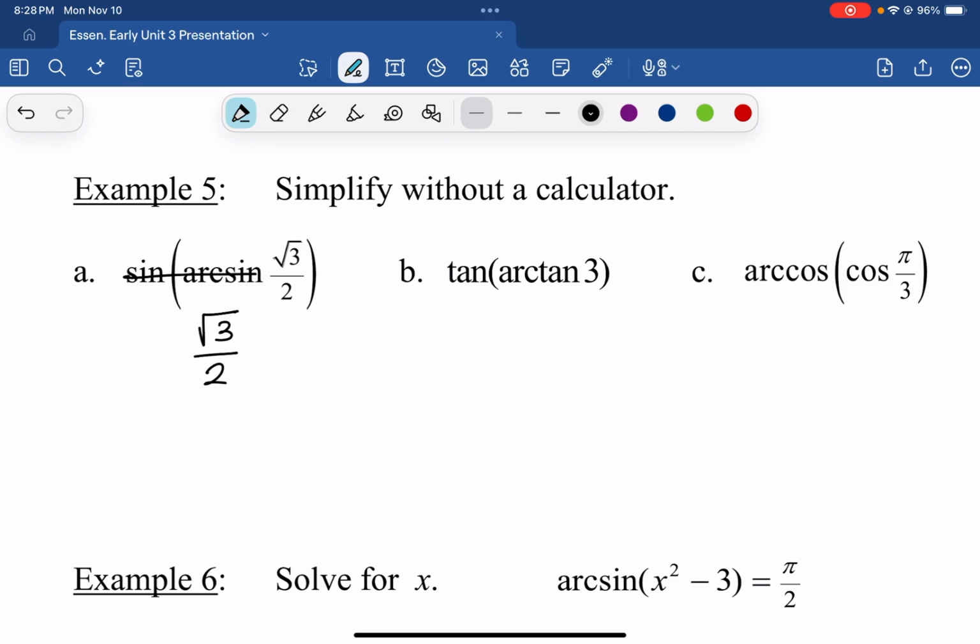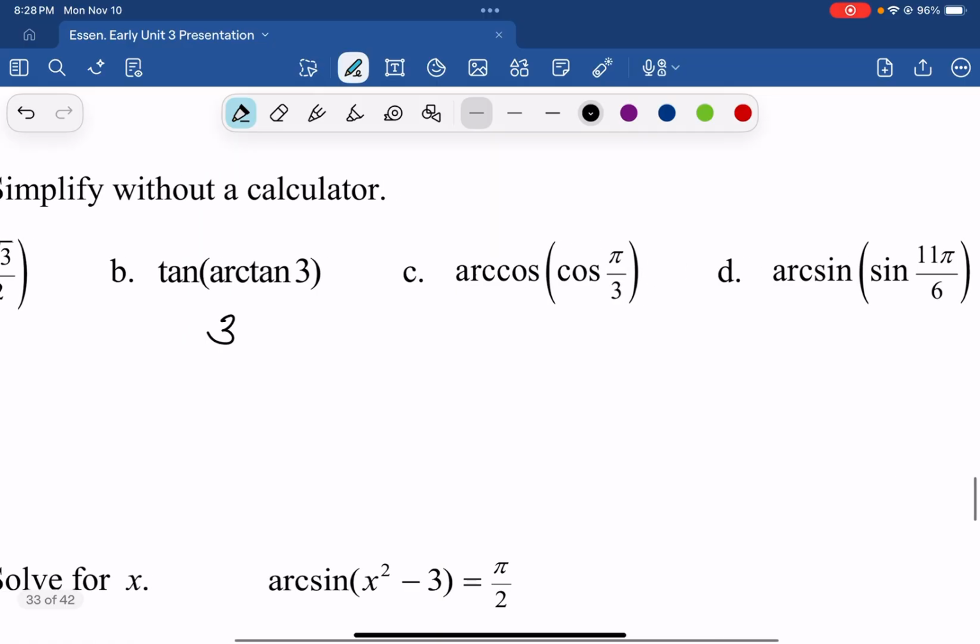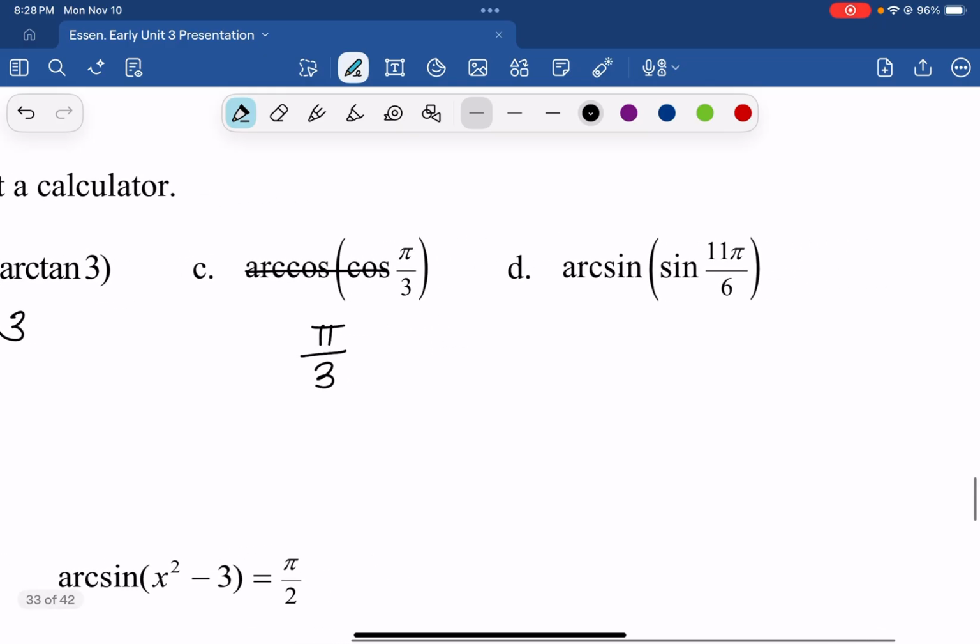Tangent of arc tangent of 3 is 3. Arc cosine of cosine pi thirds gives me pi thirds. Arc sine of sine 11 pi sixths gives me 11 pi sixths. So that's how we can solve for things sometimes.